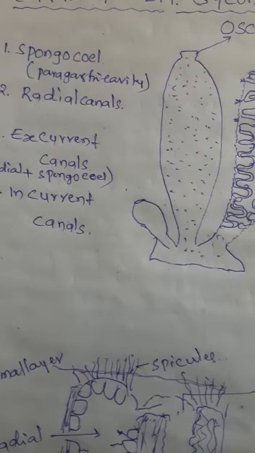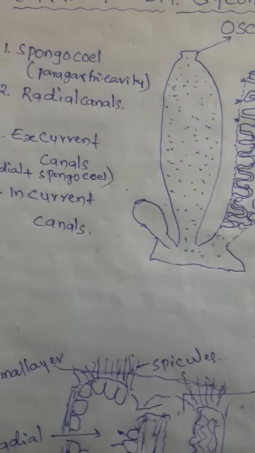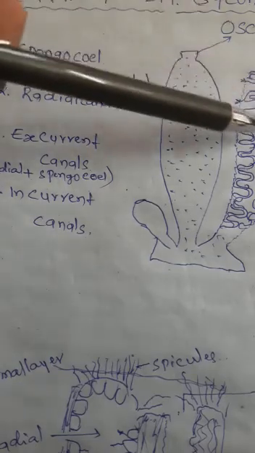In this way, water circulates in the body bringing food material and oxygen, and takes away excretory wastes. These canalic systems are very critical for water traveling inside.